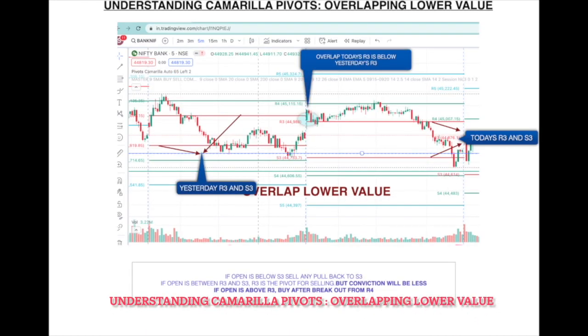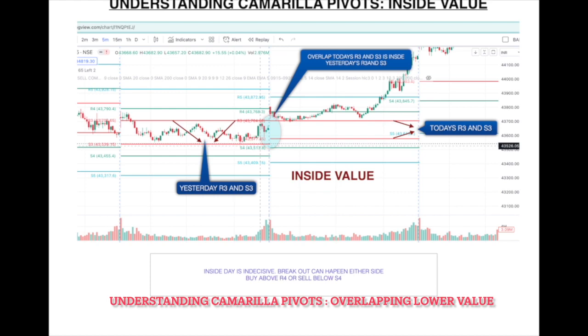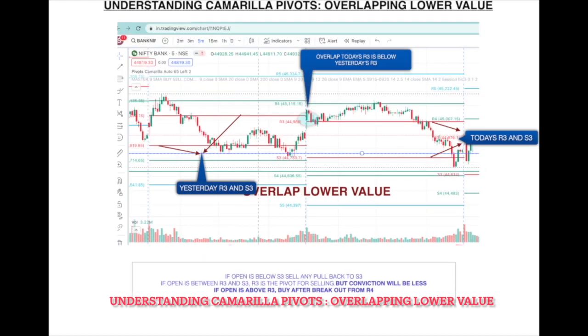This is the overlapping value, lower value. It is just opposite to overlapping higher value. I am not going to explain everything in detail. We will go back to the previous one. You can see here the overlapping relationship. Today's R3 and S3 is overlapping with yesterday's R3 and S3.